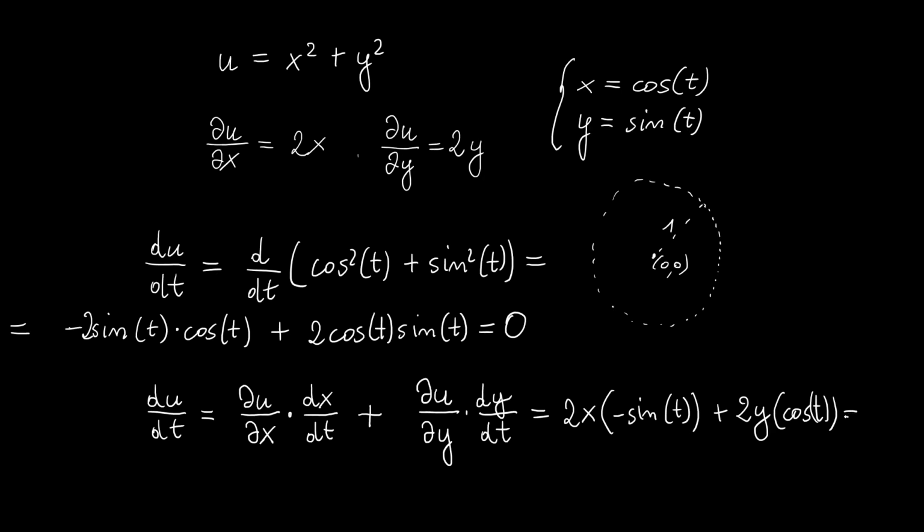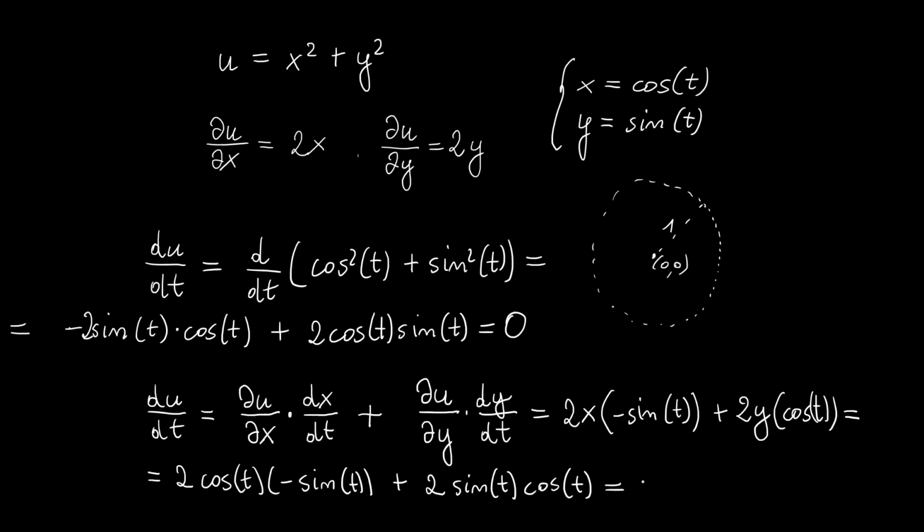Now, if we substitute x with proper expression, which is cosine of t, and y with proper expression, which is sine of t, we will get 2 cosine of t times minus sine of t plus 2 sine of t times cosine of t, and because here we have minus, we can extract it and put it at the beginning of this summand.